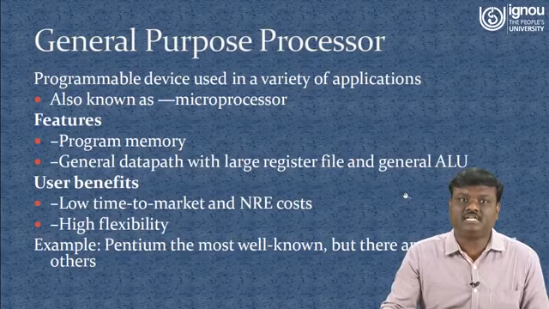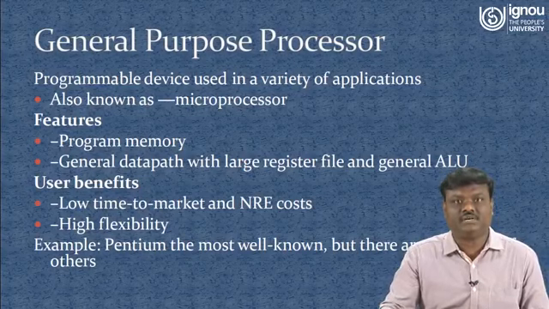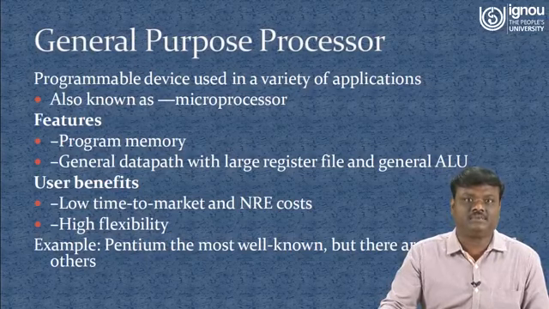The features are program memory and a general data path with large register files and a general ALU. All these things are part of the general purpose processor. Coming to the features, it has low time to market and NRE cost, and high flexibility.